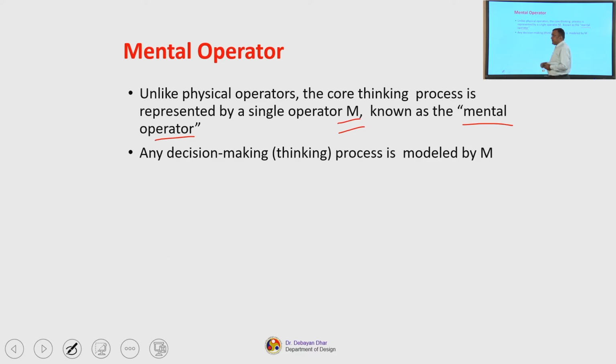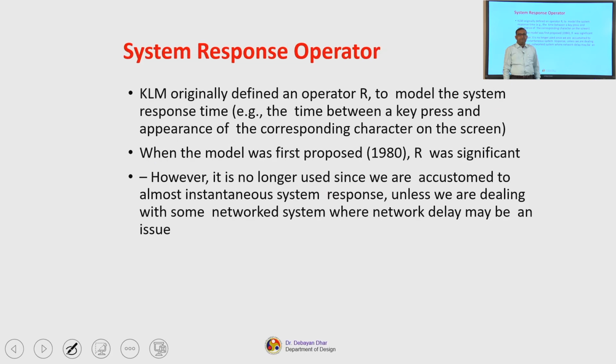Now we are talking about the mental operator. The mental operator is represented by M, and any decision making or thinking process is modeled by this M. It is only one operator.